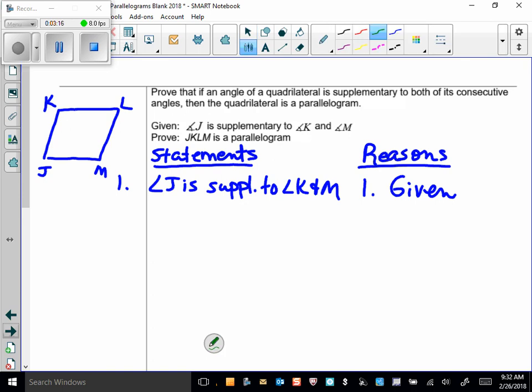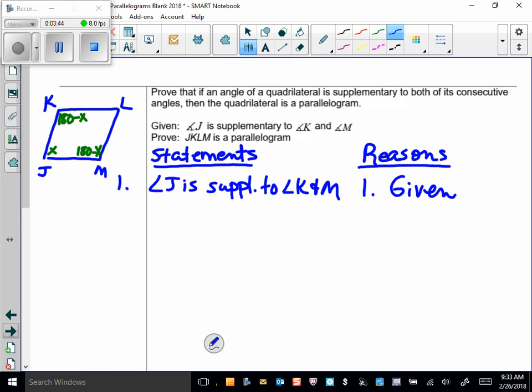J is supplementary to K. So if I call this X, I'm just going to call this one 180 minus X, because that's what it is. M would also be 180 minus X. That's the best way I can think of to mark it.